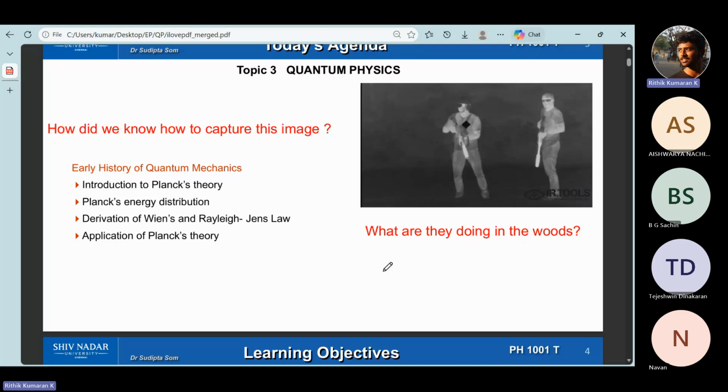If some object possesses a temperature more than absolute zero, it would emit radiation. This radiation falls under the IR range. That's why we use an IR camera to capture these night vision images. So this image basically sets up a foundation for quantum physics.